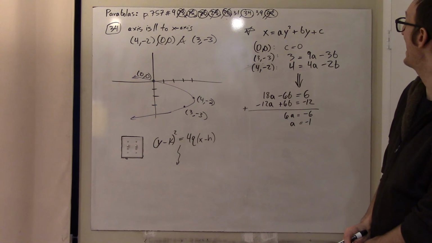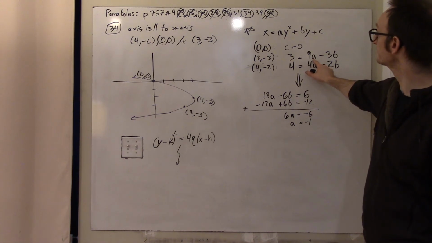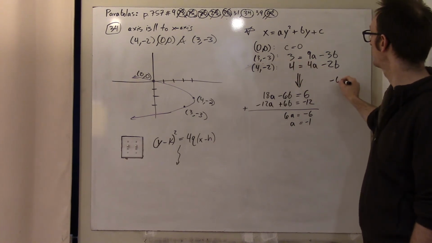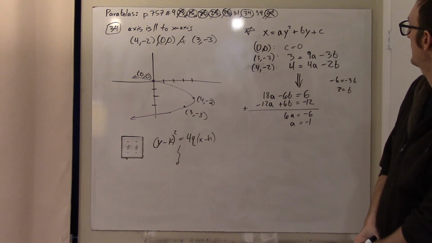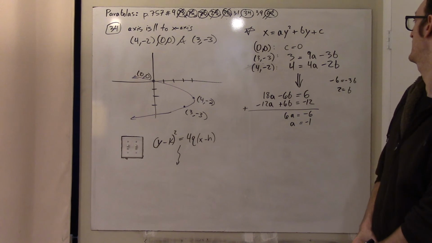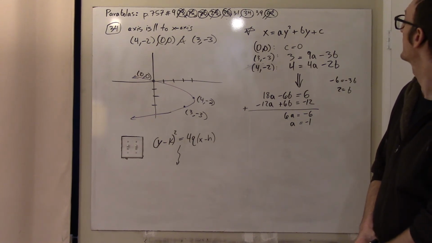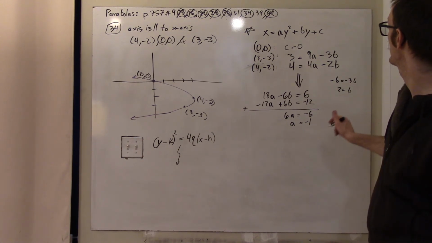And if a is negative 1, then negative 6 equals negative 3b, and so b is 2. Just to make sure I'm not too hasty there. A is negative 1, negative 9. No, I think I did mess that up.